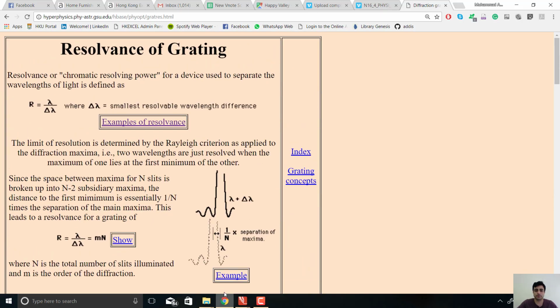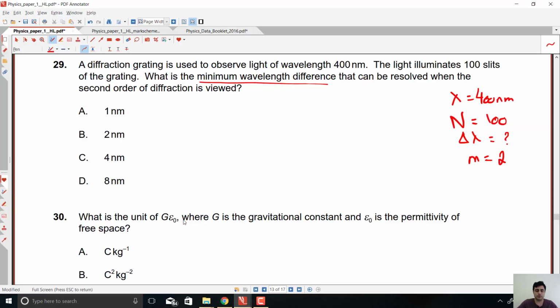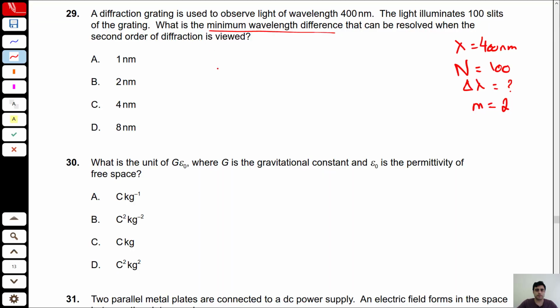Alright, let's go back to our question. The equation that is also given in the data booklet on resolvance is R equals lambda over change in wavelength equals m times N. What we need to find is the change in wavelength, so make it the subject. That will equal lambda divided by mN.